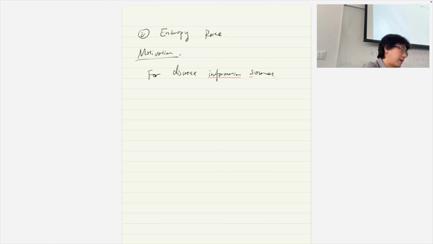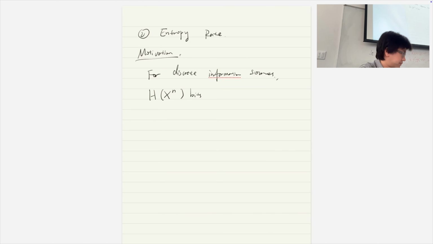In that case, we know this is the number of bits we needed to encode the random vector. That makes sense, right? Before, when n is 1, we needed H(X). But now let's consider that as a whole. We may consider multiples of those, and then use whatever we learned before, the entropy, this AEP typical coding, and we can show this is the number of bits we need. Or at least intuitively, that should be the number.